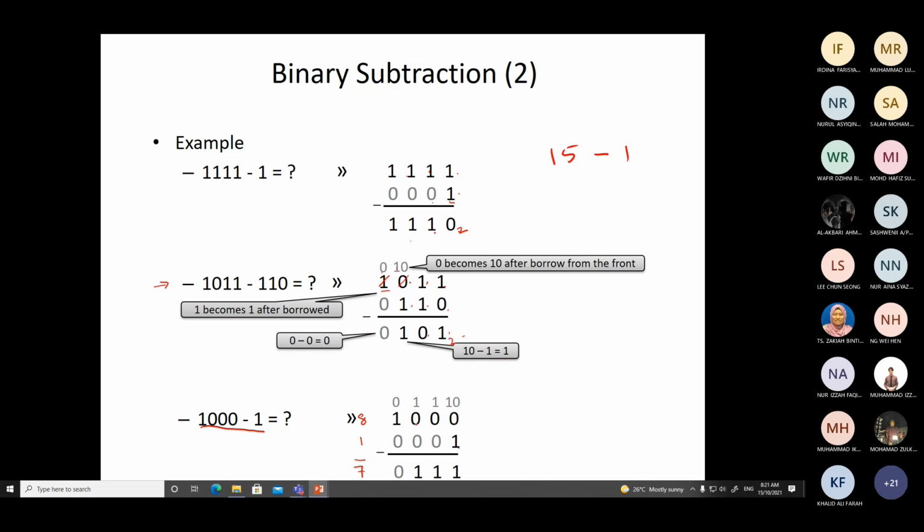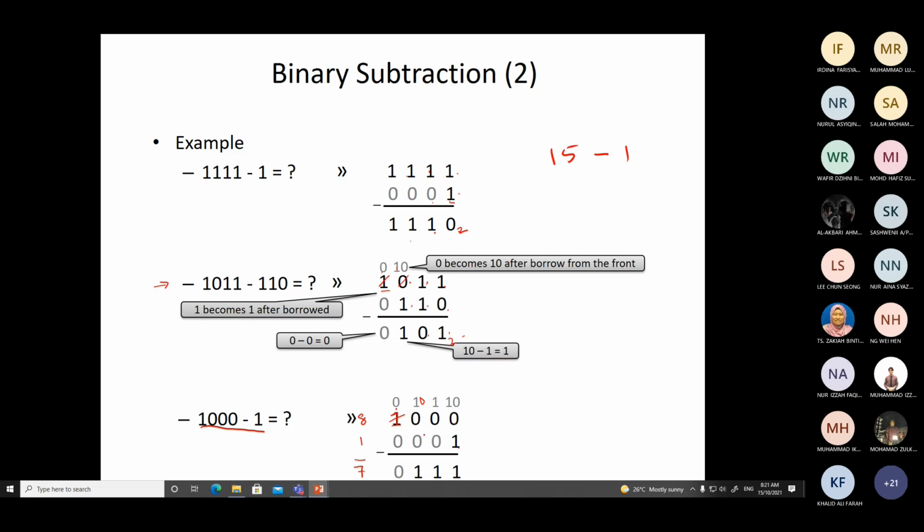This one is also 0, so it borrows to the front again. Then it finds a 1 there. So it borrows the 1 here, this will become 0, and the next one will become 10.